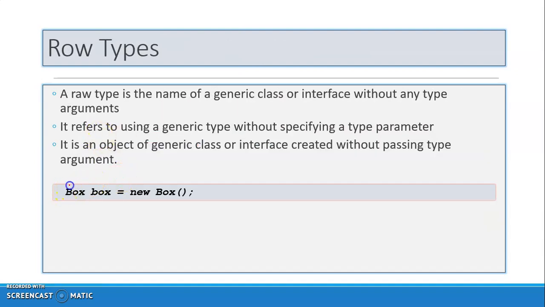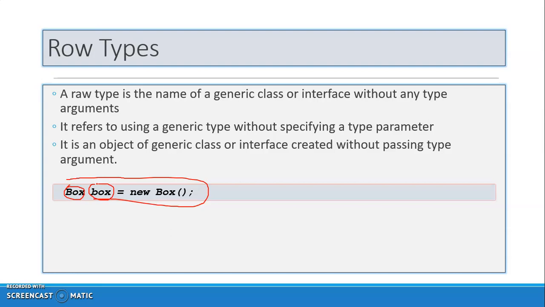So here we are assuming we have a Box somewhere as a generic class. And if you create something like this, it's as if you are creating the object of Box as a normal, non-generic class. If you do this, then this is considered to be a raw type. These have been added for backward compatibility, of course, because in the past we didn't have generics.